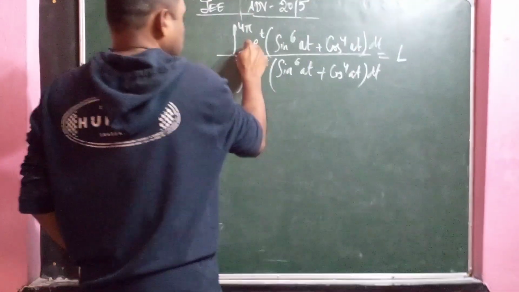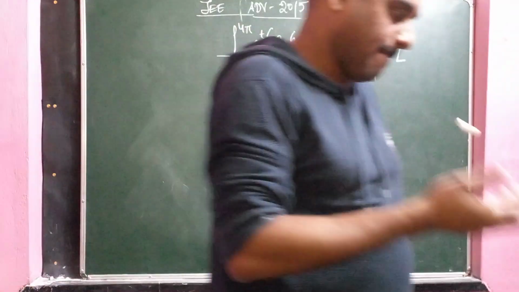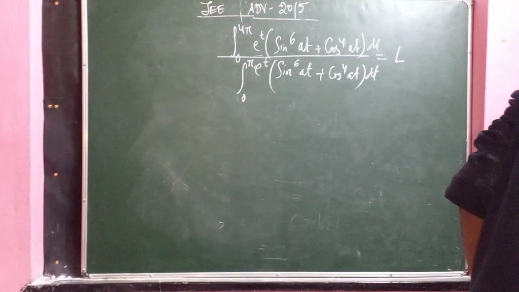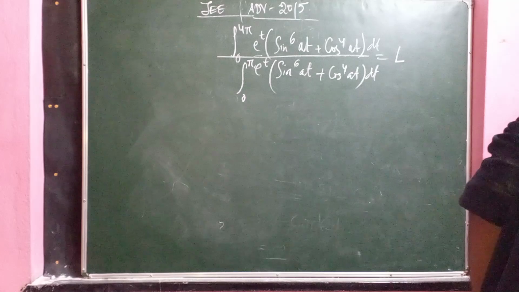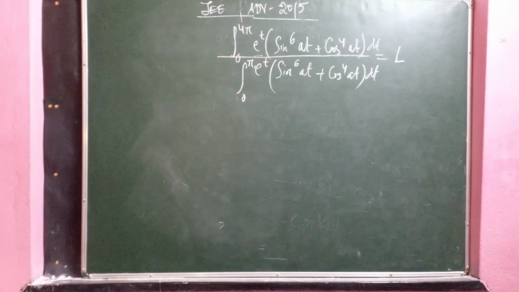Okay, the ratio here: the upper limits are 0 to 4 pi and 0 to pi. Yes, 0 to pi.